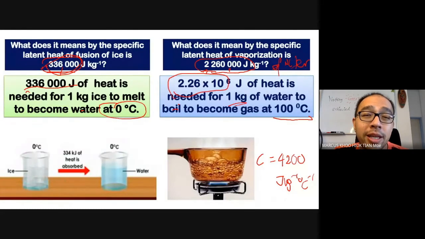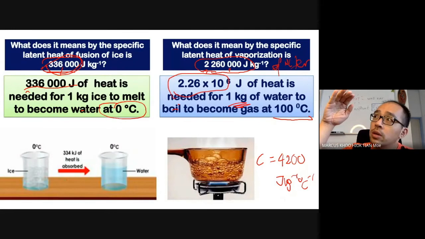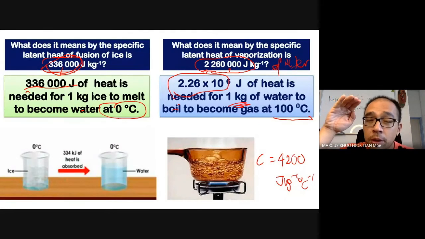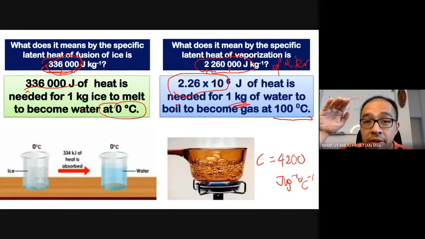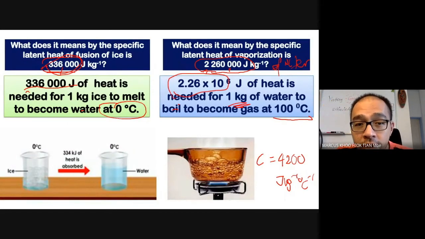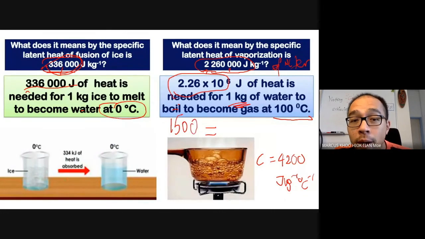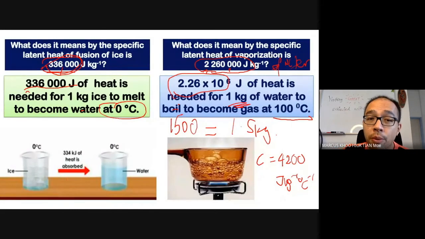Of course, it's for 1 kilogram of water. 1 kilogram of water is your big bottle of mineral water, the 1,500 mils. So 1,500 mils, or 1.5 liters, is about 1.5 kg. So you boil that amount of water. You don't even need to boil 1.5.